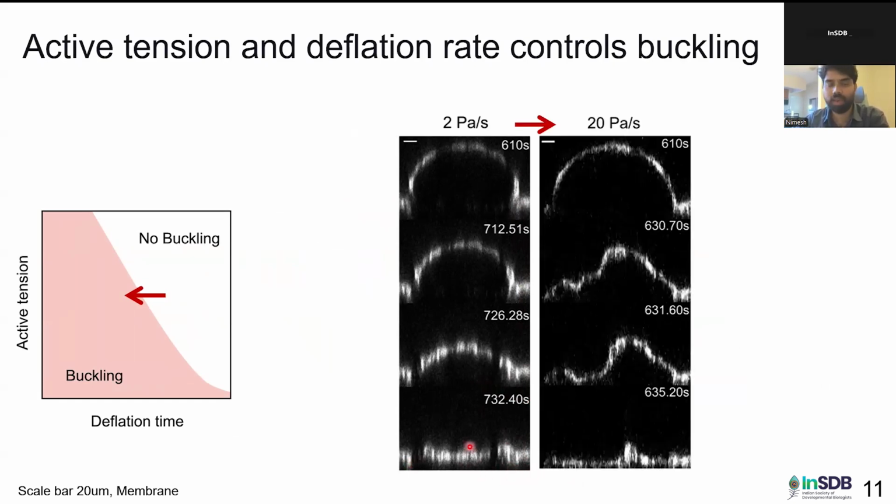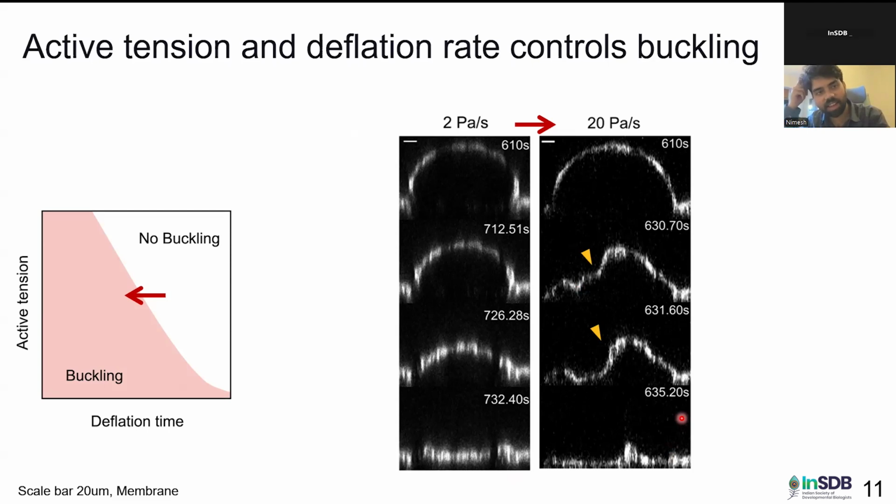But if we do it faster, there would not be enough time, tensions will go negative and the tissue would buckle. So a nice uniform curvature becomes kinked and there are folds appearing here and here. So this is the hallmark of buckling, that symmetry breaking event.